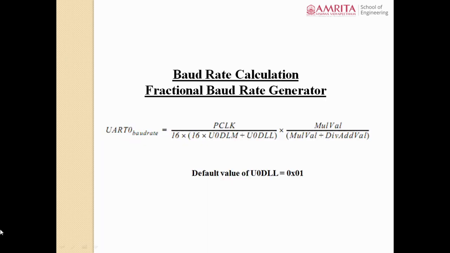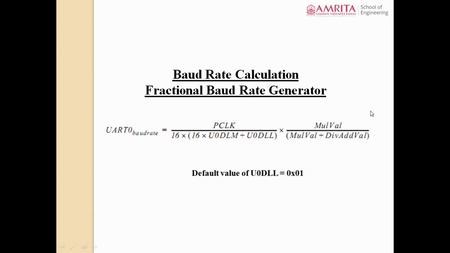For calculating that value, you have an equation, right, known as UART0 baud rate equals PCLK divided by 16 times (U0DLM times 256 plus U0DLL) times MULVAL divided by (MULVAL plus DIVADDVAL).